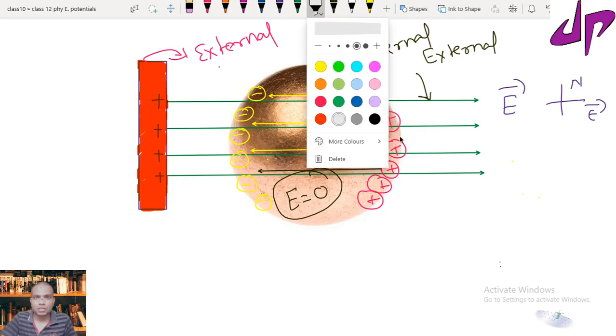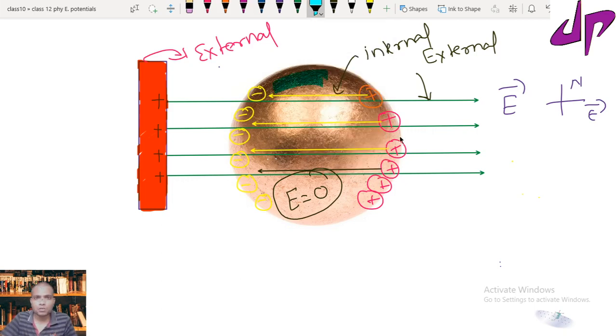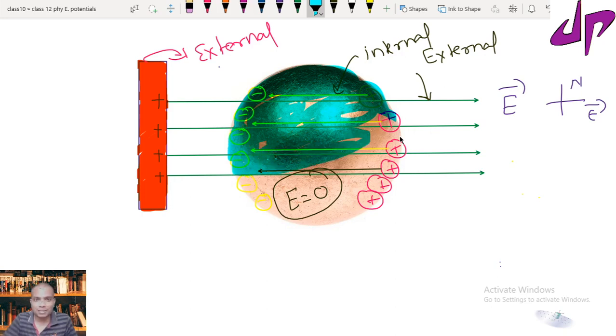Since the conductor occupies all the space, within the whole conductor the electric field will be equal to 0, because the presence of the external electric field causes charge separation.